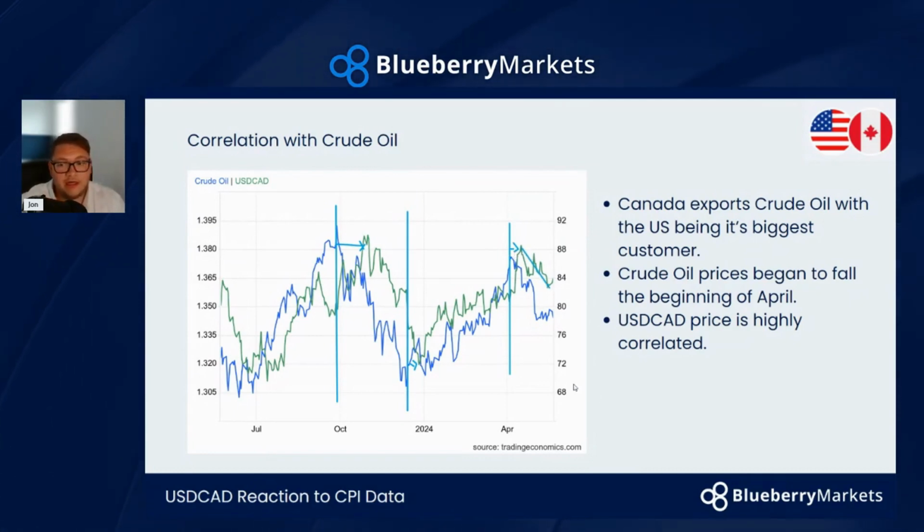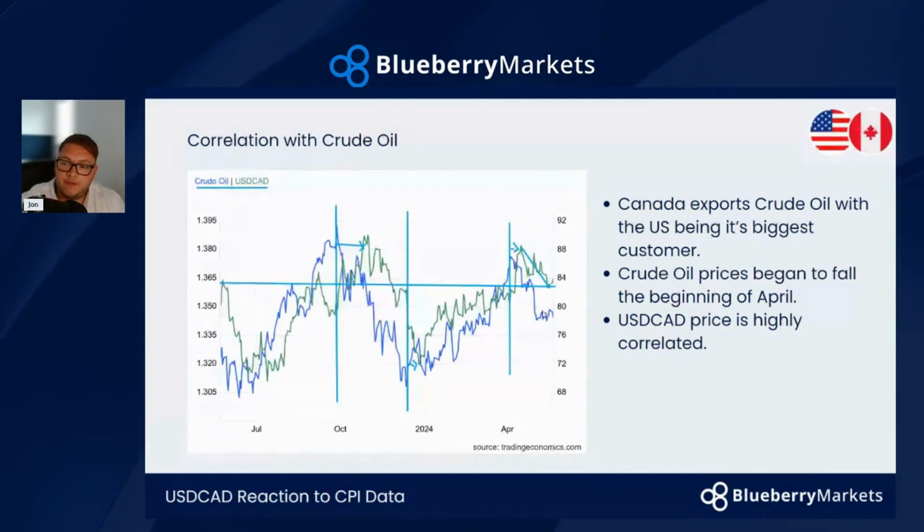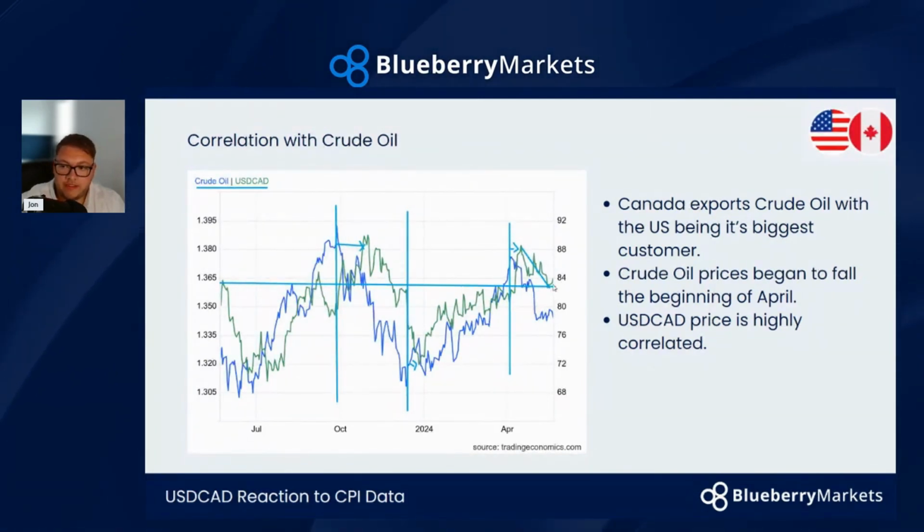So I think it's really important to identify correlations within the market, and this is a very, very strong correlation. So what does this really tell us? Does this tell us that the dollar CAD price, which is currently around that 136 handle, if I just draw a line back here, just sitting below that 136.50, around 136, is that actually going to be the point where we see that stop?